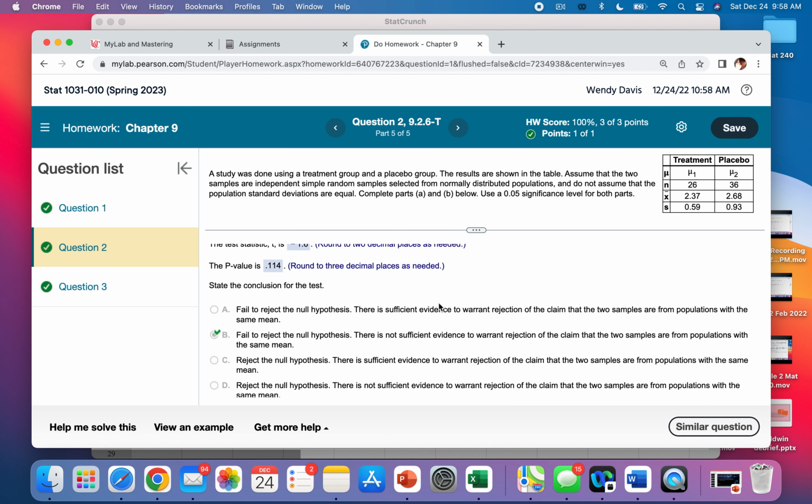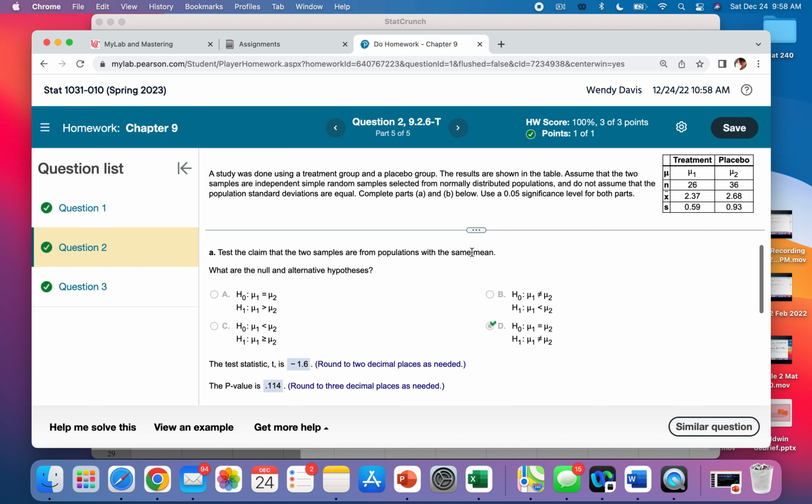Okay, number 2, we're going to test a mean. We have two separate groups, a treatment and a placebo. It gives us the mean and the number in the sample. The x-bar, the X with a line over it, is our sample mean, S is our sample standard deviation, and N is the number in the sample.